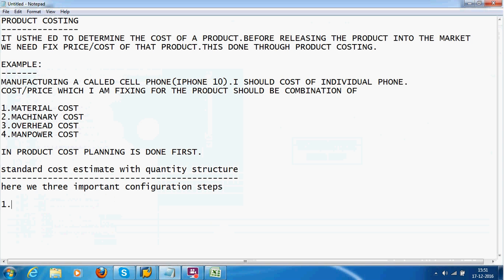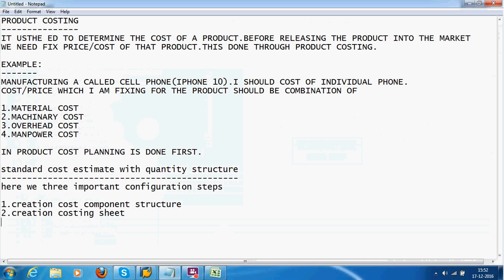The first one is creation of the component structure, or you can call it the cost component structure. The second is creation of the costing sheet.